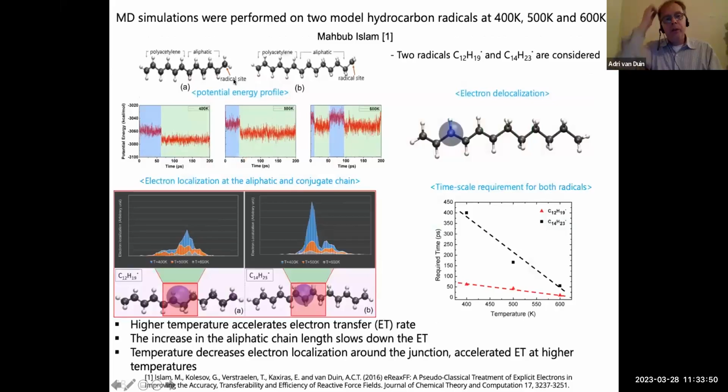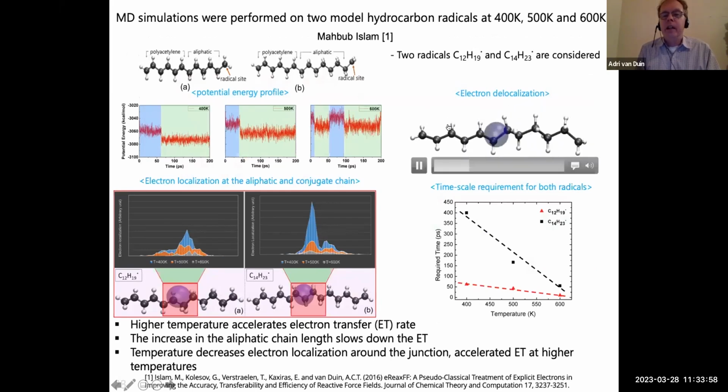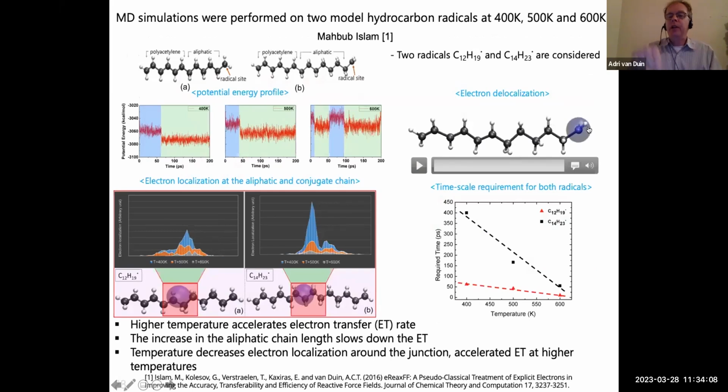So one of the first things we apply these things to is electron migration in polymers. We have here a polymer with an aliphatic domain, a conjugated domain, and an aliphatic domain here in the middle. And then on the right side is a radical. We see it takes a little bit of time for the electron to get enough kinetic energy. Eventually it travels across and finds the radical.